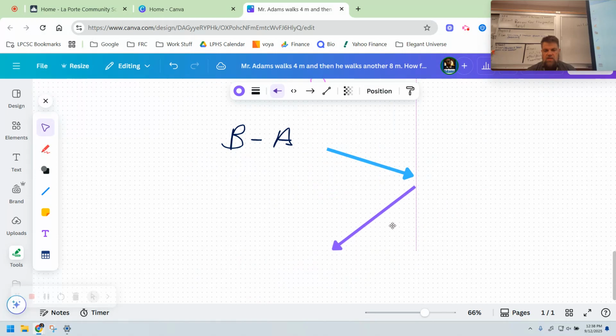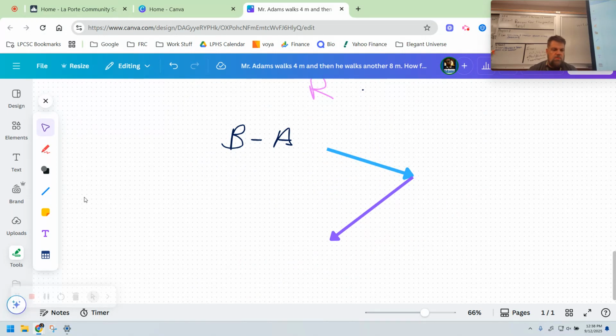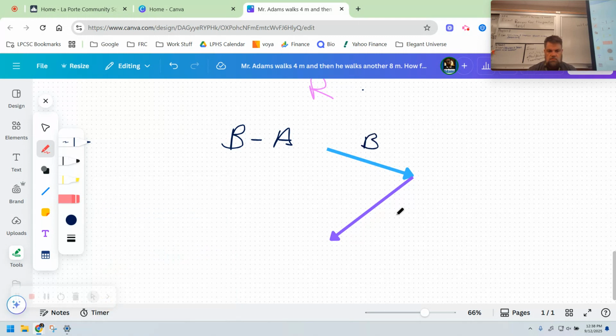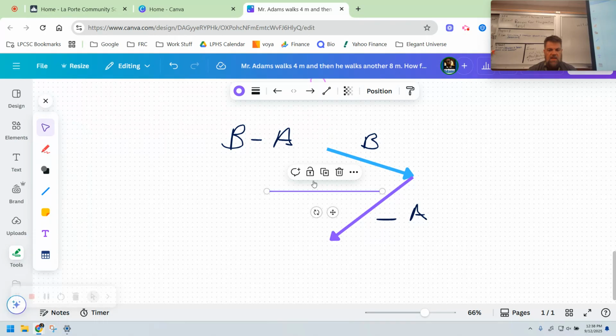And now I draw this tip to tail. So this would just be B, and then this is negative A. And then I just draw a line between the both of those. Again, I start at the tail of the first vector and go to the tip of the last vector.